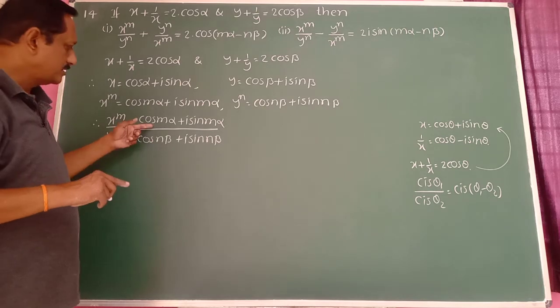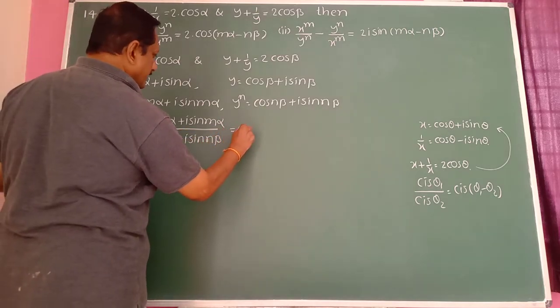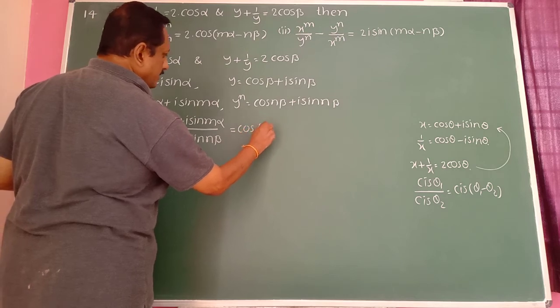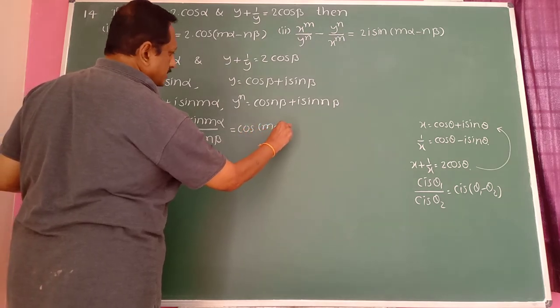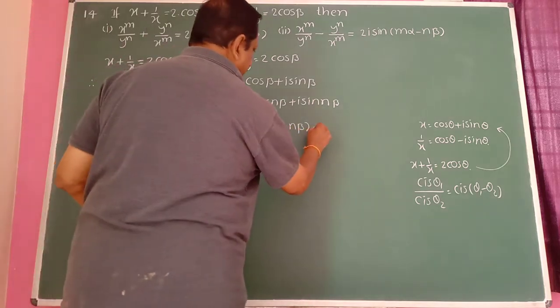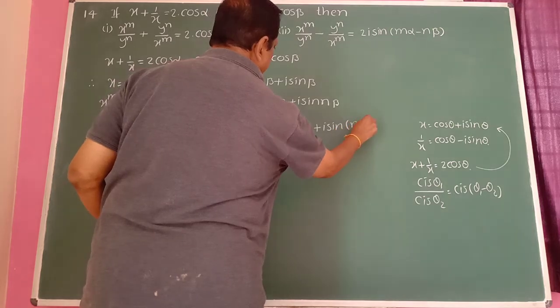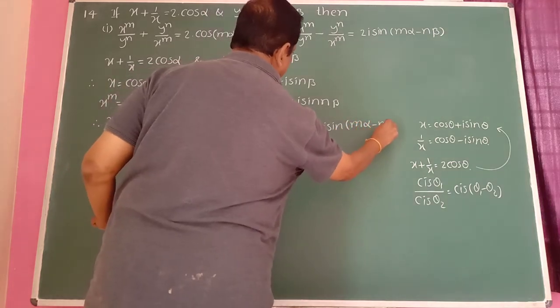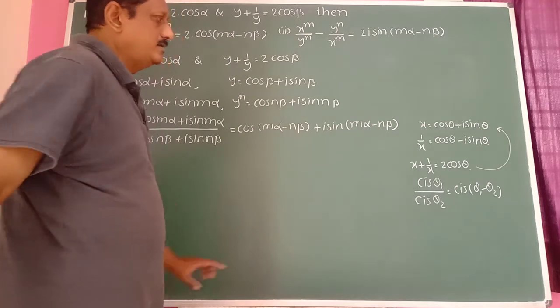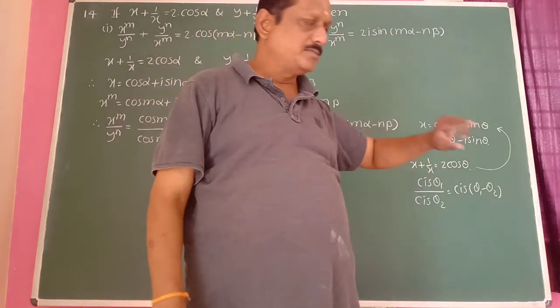So this upon this, using that formula, I am writing cos of m alpha minus n beta plus i sin of m alpha minus n beta. Okay, using this formula.